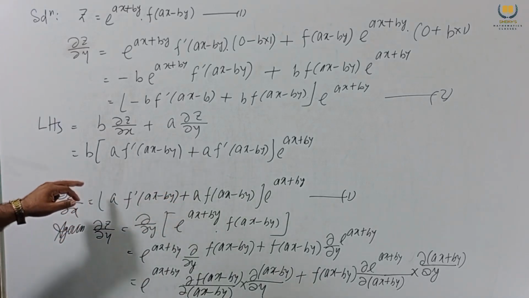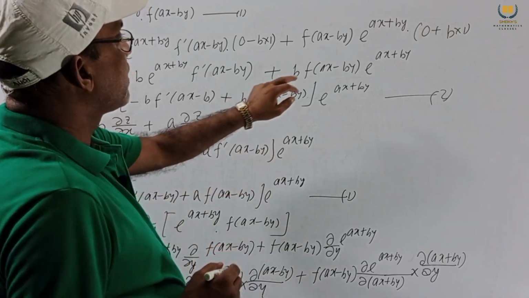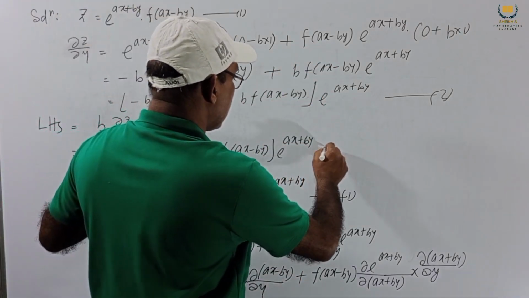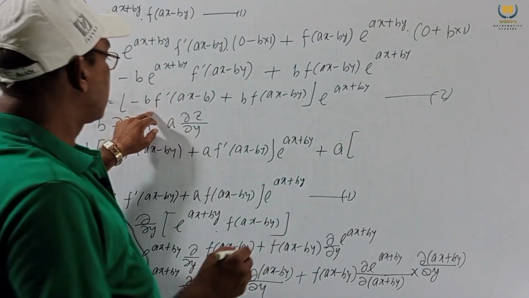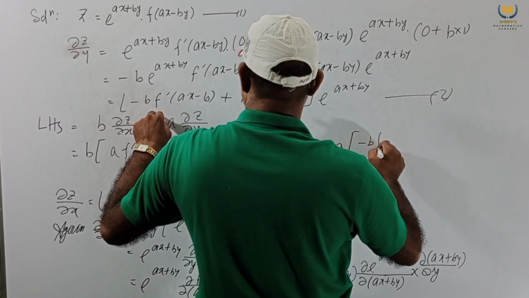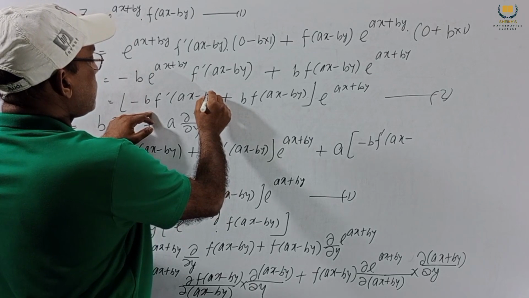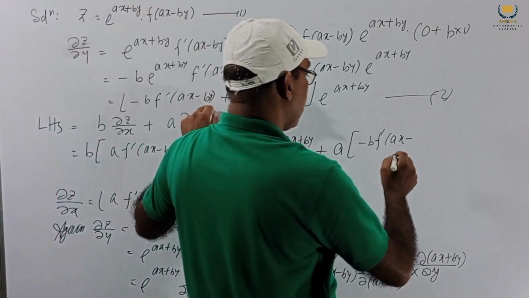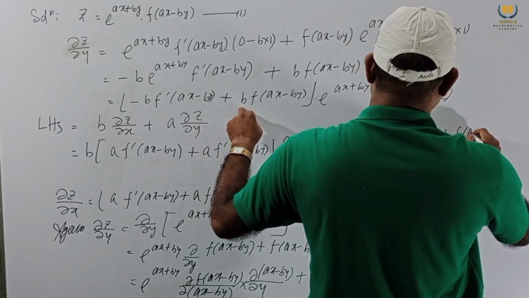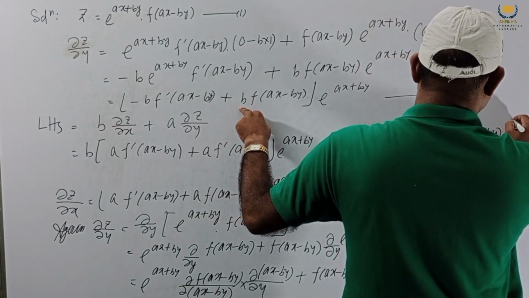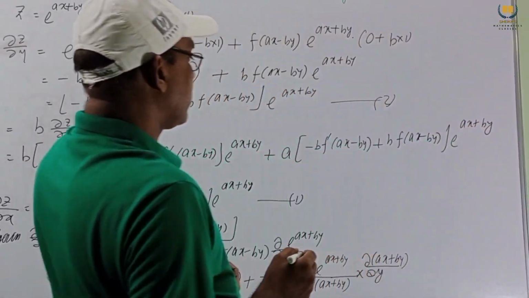This value we get for ∂z/∂x. And next, plus a ∂z/∂y, this is the value: minus b f'(ax−by) plus b f(ax−by), times e^(ax+by). We get this one.